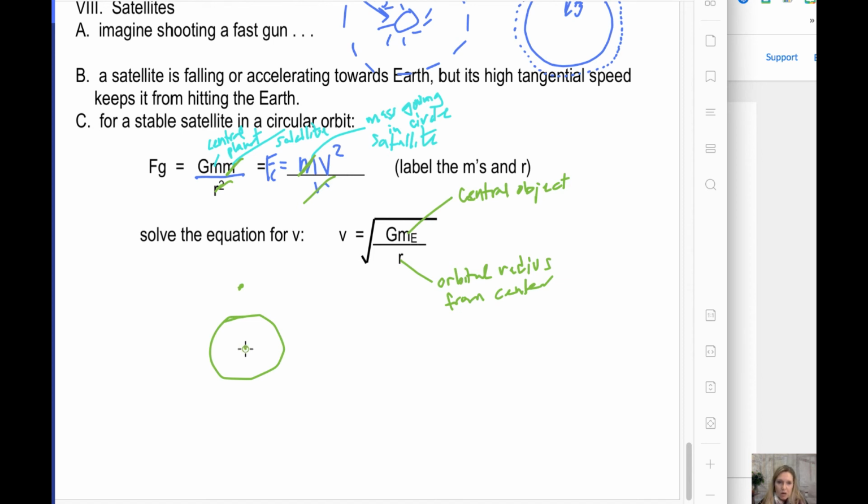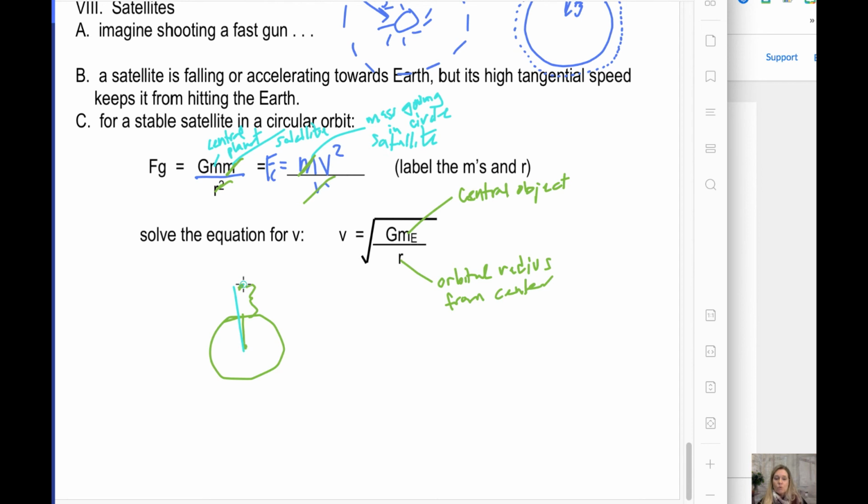Now, I always say, make sure you include the radius of whatever planet it is, because if you are only given how far it is from the surface of the planet, and this is not a crazy amount bigger than that, then your number is going to be all screwed up. So this R is always going to be this.